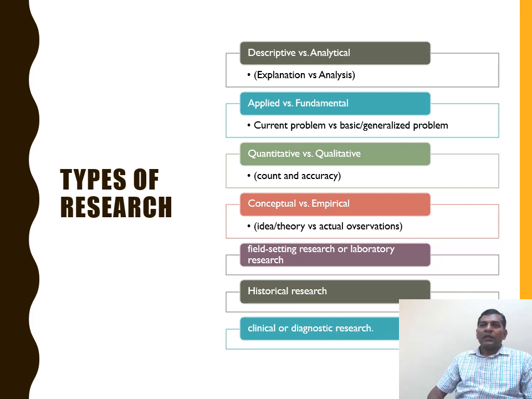The second type is applied versus fundamental. Fundamental is basic research, which is of a generalized type. The people who are working in physics, chemistry, and the basic sciences are working in this kind of research, which is known as fundamental research.